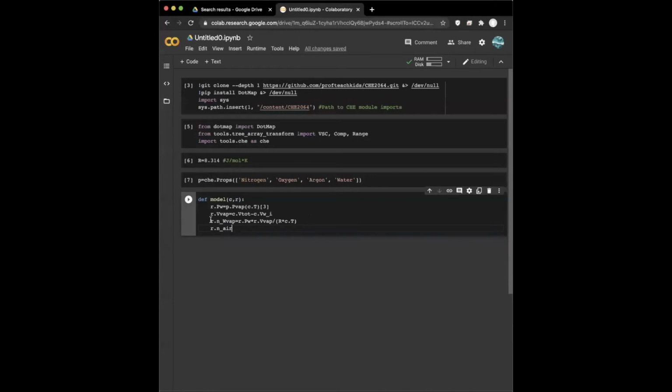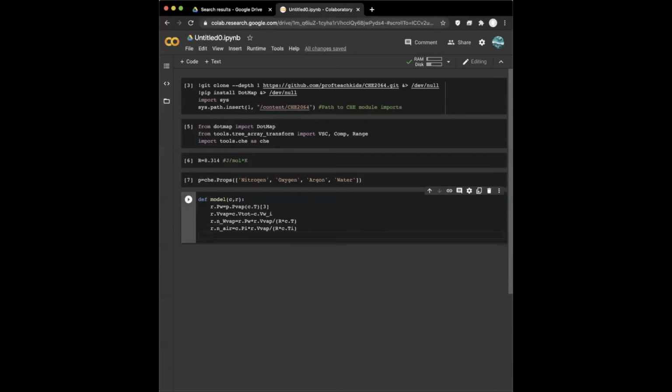This is for water vapor, this is for the air, equals C dot PI times R dot VVAP divided by R times C dot TI. C dot TI is the initial temperature.